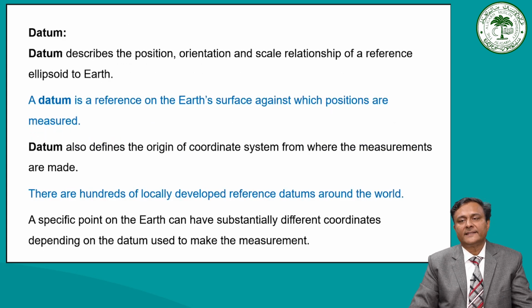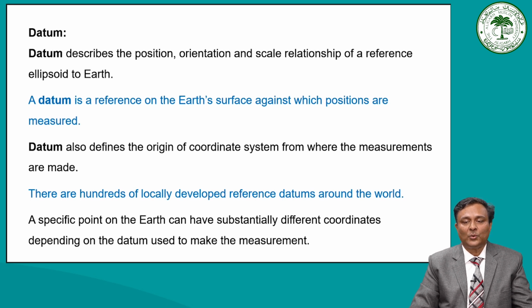So now we have to reconcile our need to work with a simple model of the Earth's shape with the undulating Earth surface, which we are calling the geoid. So to align the geoid with the ellipsoid or sphere representation of the Earth and to map the Earth surface features onto this ellipsoid, the alignment can be local, where the ellipsoid surface is closely fit to the geoid at a particular location on the Earth surface, or geocentric, where the ellipsoid is aligned with the center of the Earth.